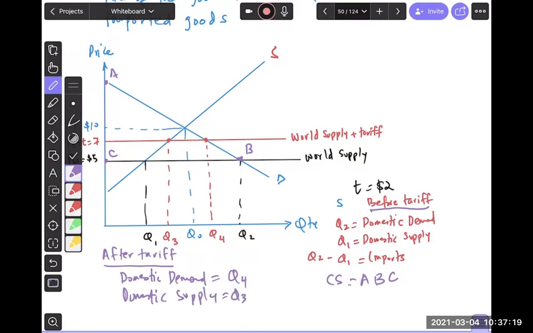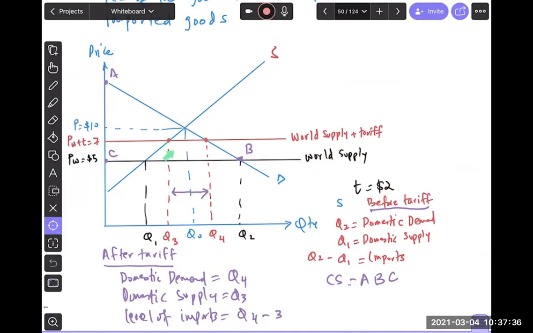What's your level of imports? The level of imports will be Q4 minus Q3, which means it's gone down, right? Why? Because only Q4 consumers are buying the good, and more domestic production has happened.